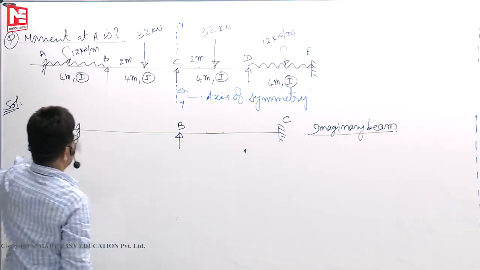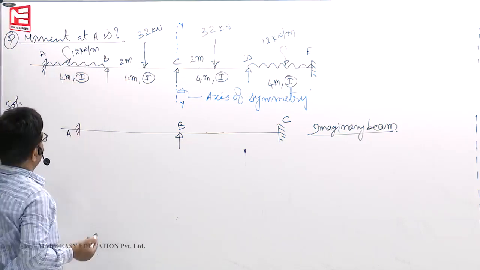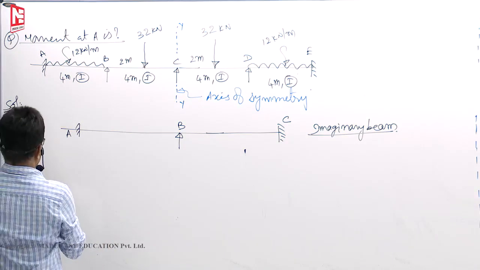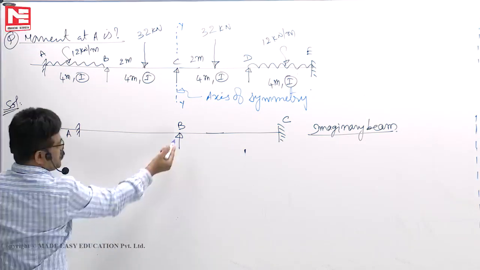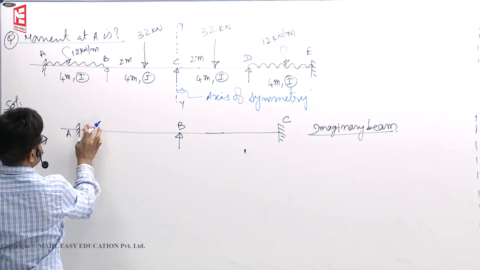Now if you want to find the fixed end moments, 12 into 4 square by 12. So you will get how much? Or the imaginary beam distribution factors, let us say. Here the distribution factor is 0.